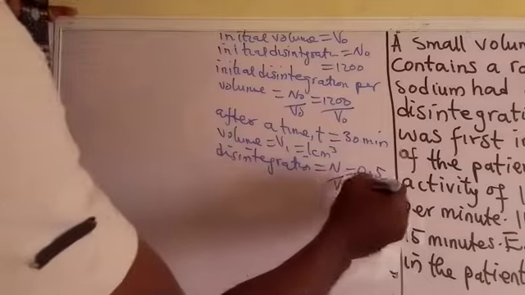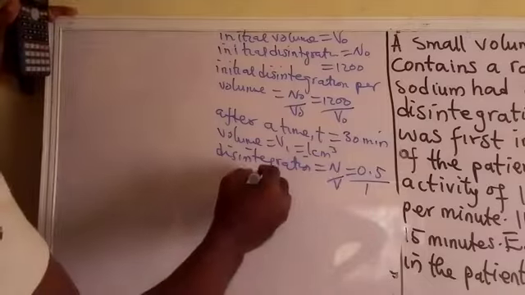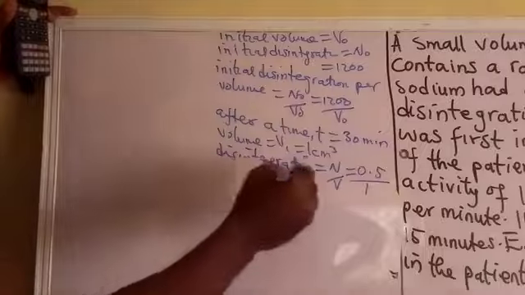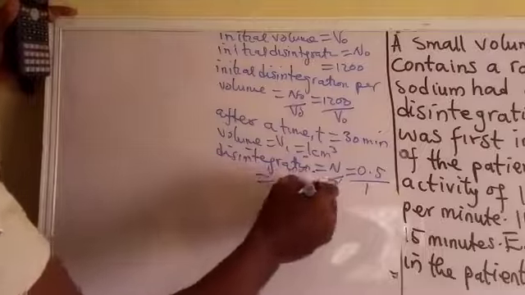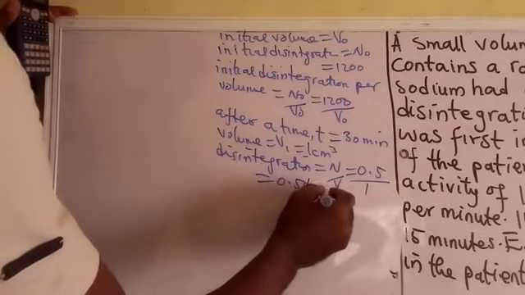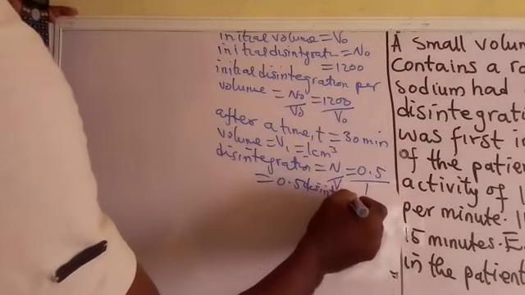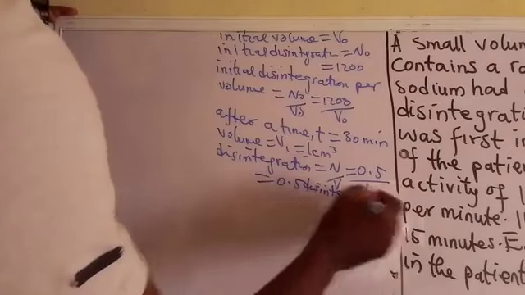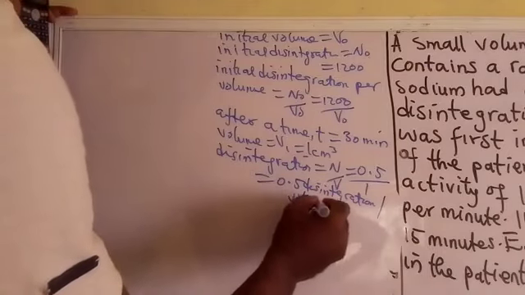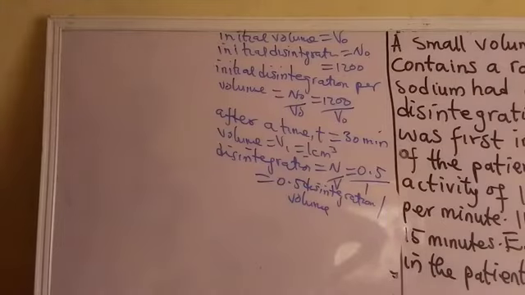The volume is 1 cm³. So disintegration after 30 minutes is 0.5 disintegrations per volume.